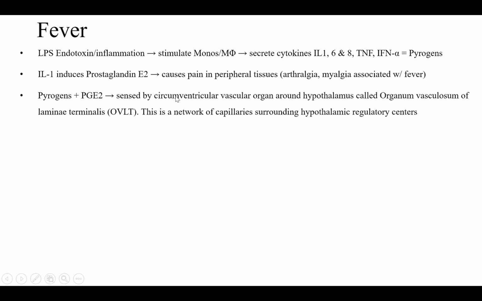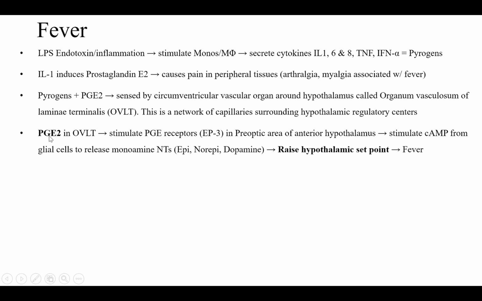These pyrogens, along with prostaglandin E2, are sensed by the circumventricular vascular organ around the hypothalamus. That is called the organum vasculosum of lamina terminalis, OVLT. This is basically a network of capillaries surrounding hypothalamic regulatory centers. So PGE2 in OVLT stimulates PGE receptors on the preoptic area of the anterior hypothalamus.